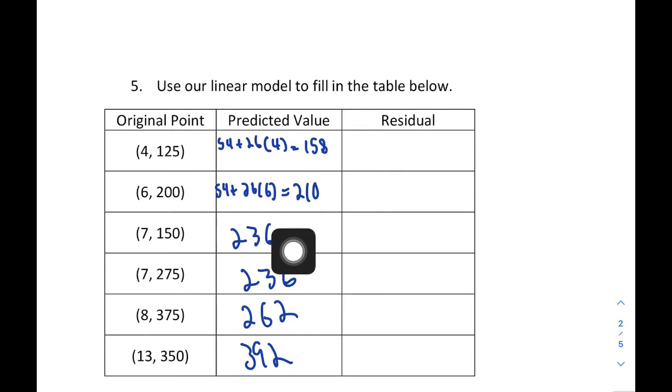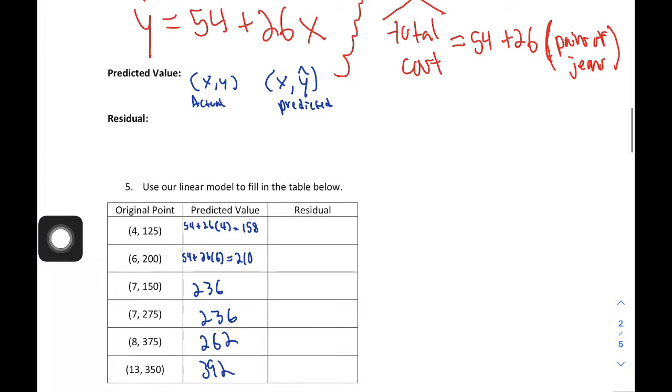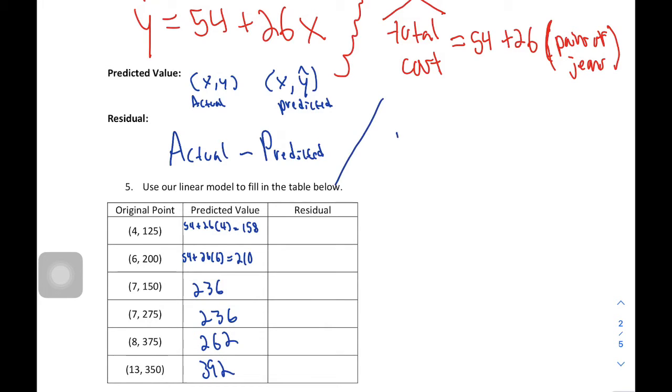And what we call that value that they're off by, we call that a residual. A residual is your actual value minus your predicted value. Or you can think of this as your y value, what actually happened, minus your y hat.